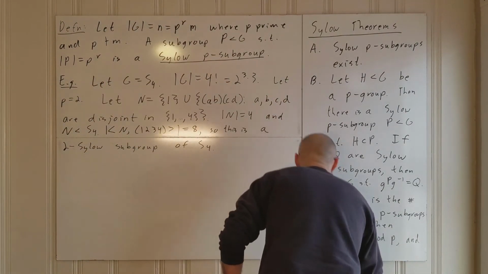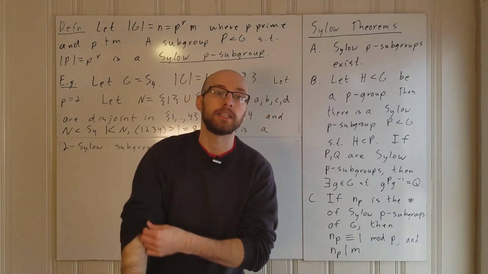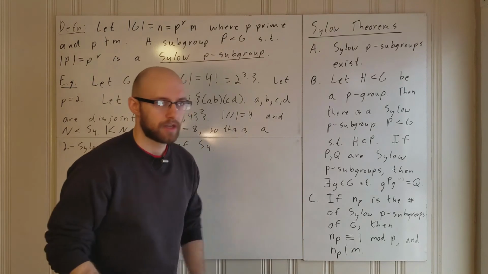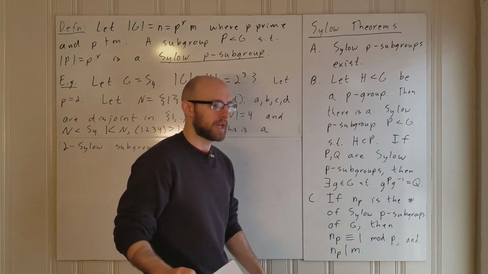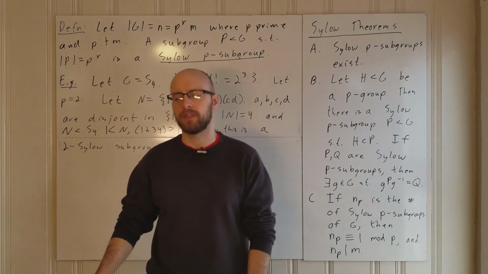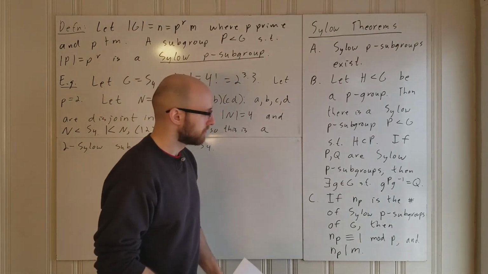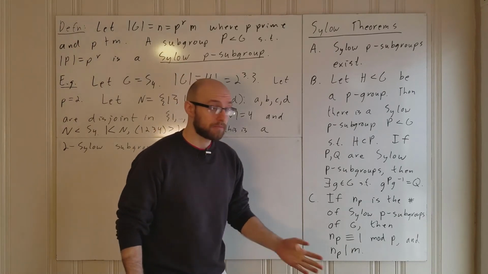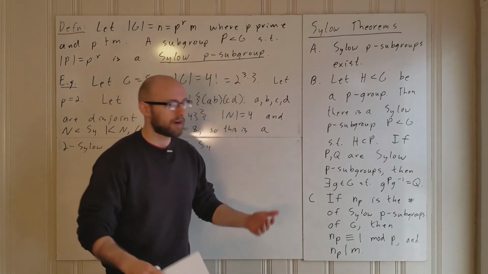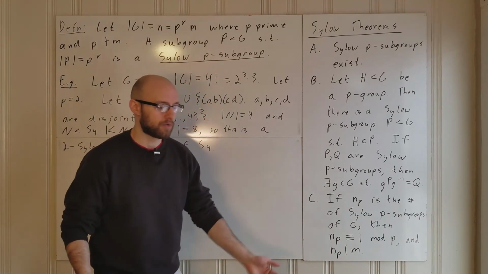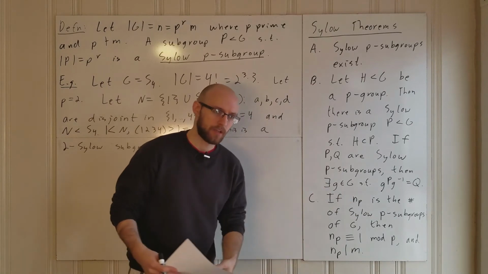given some group of some size and be asked, how many Sylow 2-subgroups do you have? Or how many Sylow p-subgroups do you have for some given p that divides the order of the group? Sometimes just these two facts alone give you enough information to figure out what n_p has to be.